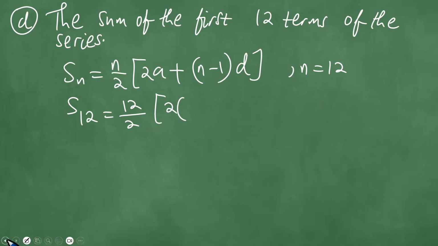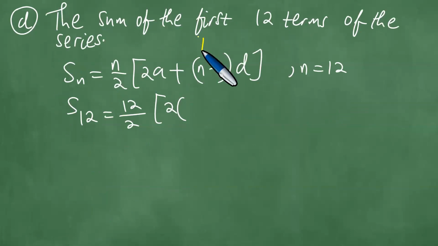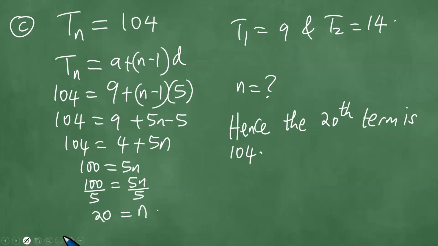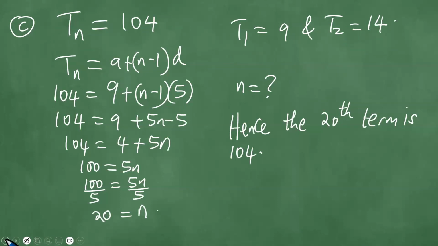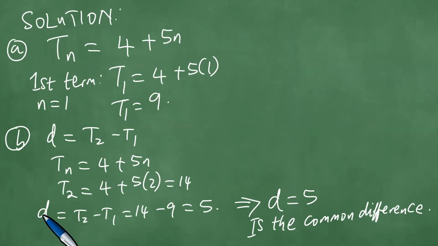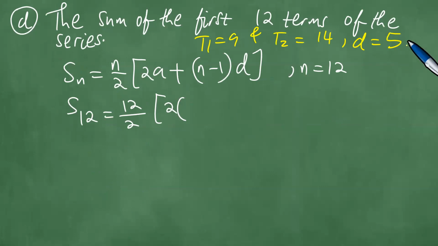The first term is T1 equals 9. We've already got T2 to be 14. We already got the common difference, D equals 5.